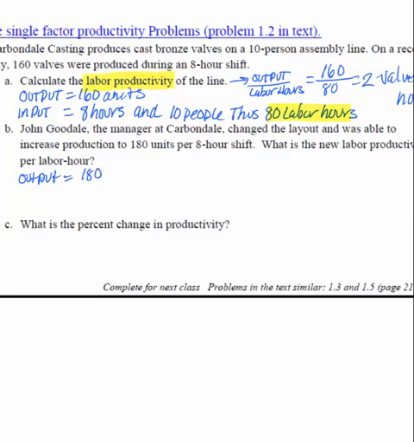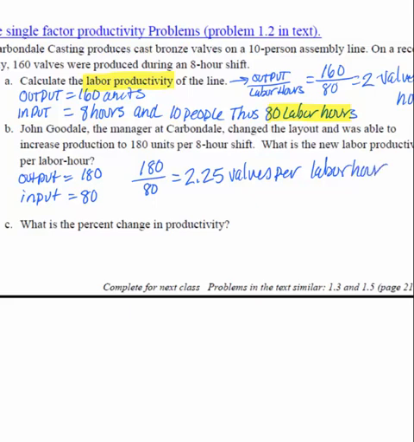And our input is still going to be 80 hours, because we still have an 8-hour work shift, and we have to assume that we still have 10 people because he didn't say anything about that. So we've got 80 here. So now we're going to do 180 divided by 80, which will give us 2.25 valves per labor hour.